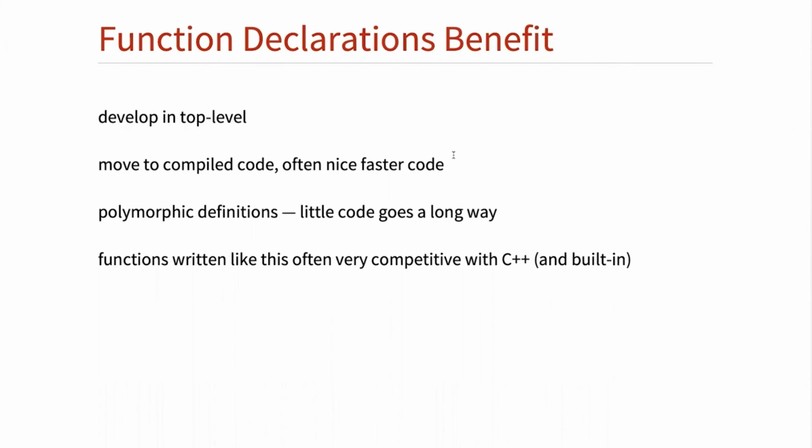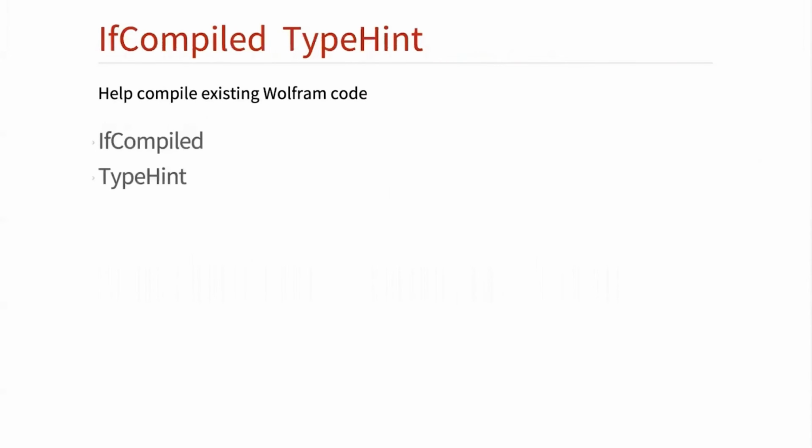I think if you wrote that previous thing in C++ or in Wolfram Compiler, it's a lot more work to make something in C++ like that. It's very competitive, and what we're doing is nicely integrated into the rest of the Wolfram system.